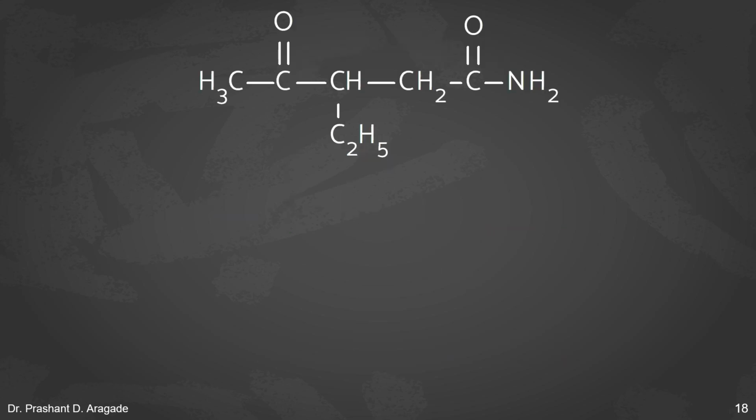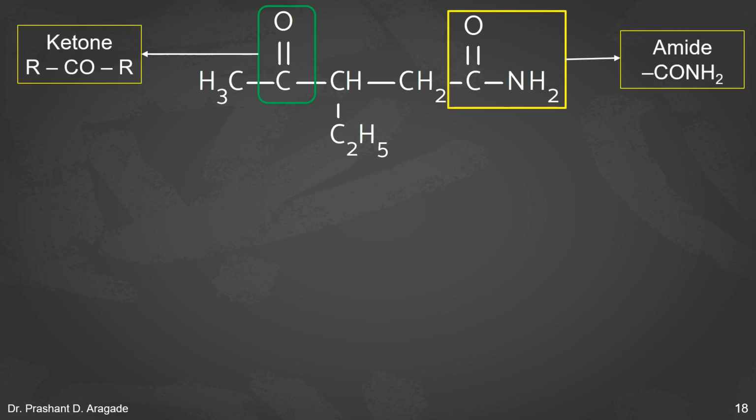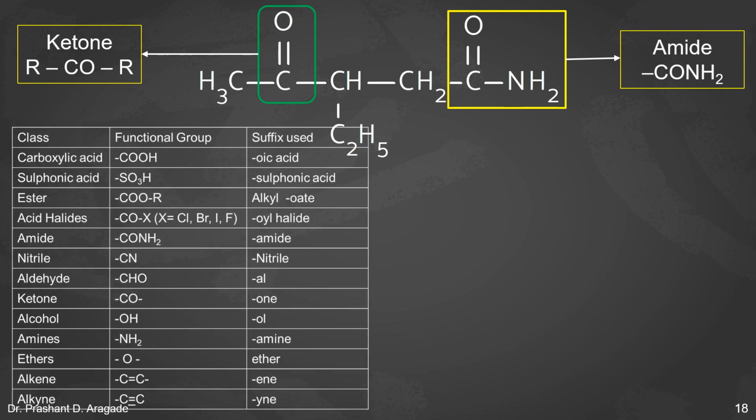Let's see another example. So rule number 1, identify the functional groups. In that, one functional group is ketone, another functional group is amide. So you have to select the principal functional group from the priority table. So this is the priority table.